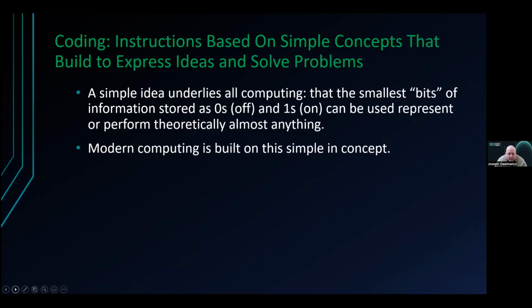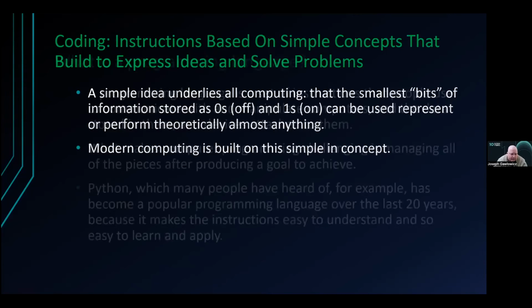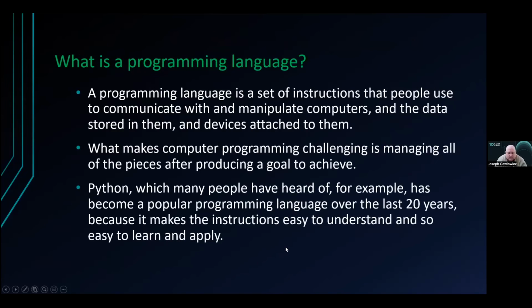Okay, in a computer's memory, there's just an almost endless list of ones and zeros. Depending on how they're set up, you get different results. So that's what we're trying to achieve here. So now what the language allows us to do is to manipulate the computer. Computers are dumb. They don't know anything.